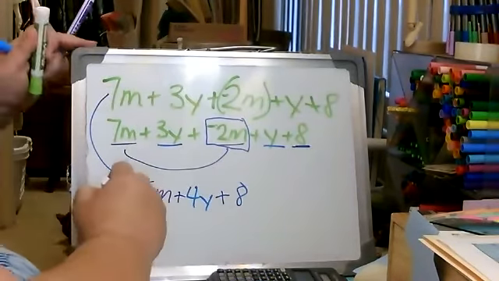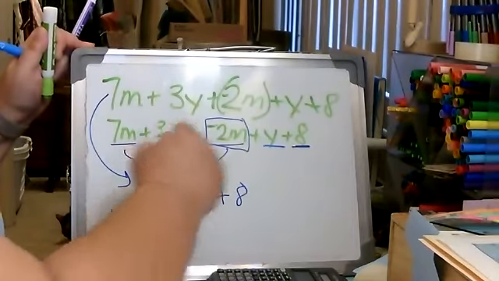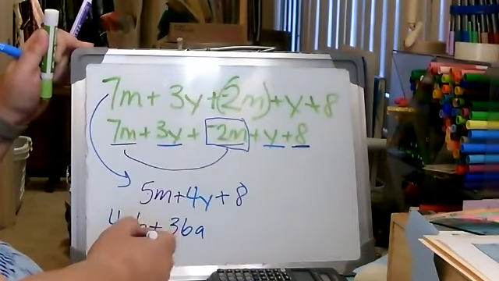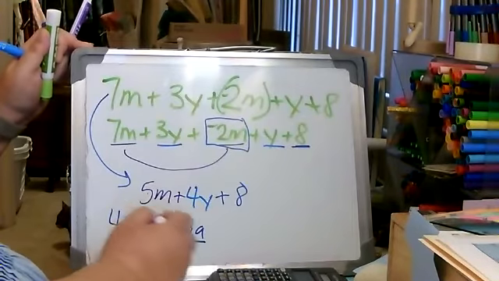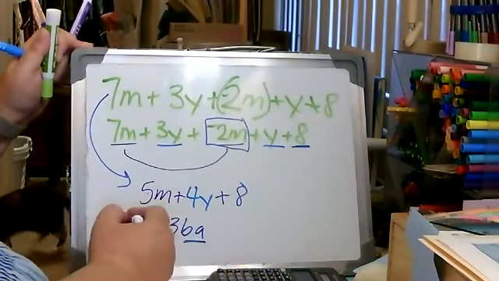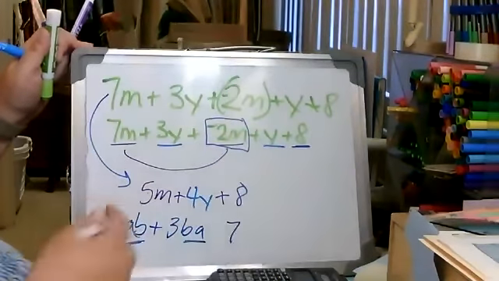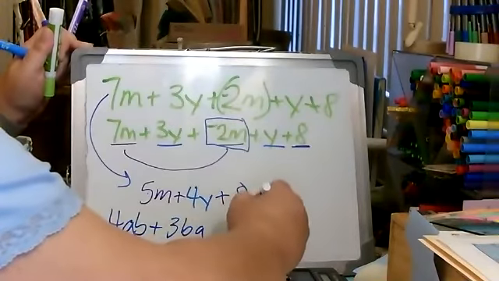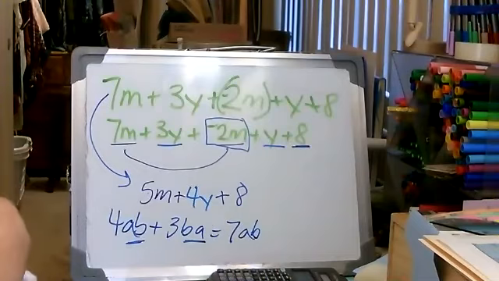So 4ab can be added to 3ba because our commutative property says that ab and ba are the same thing. So when you're adding them together, it would be 7, and because we're going to put things in alphabetical order, we're going to say 7ab. Okay?